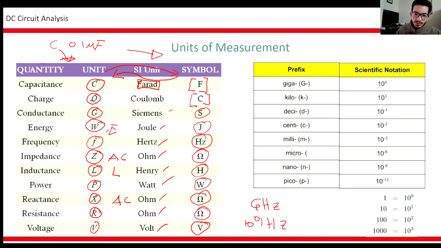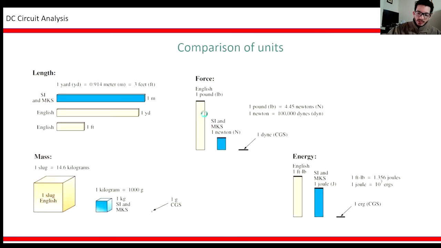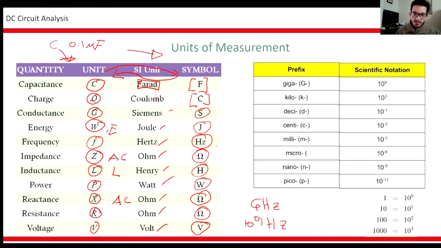And if they say kilohertz, for instance, we already said kilo, so kilo ohms is 10 to the 3 ohms, or let's say 3 kilo ohms is 3 times 10 to the 3, which is 1,000, so 3,000 ohms, etc.